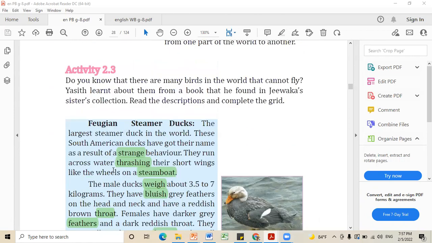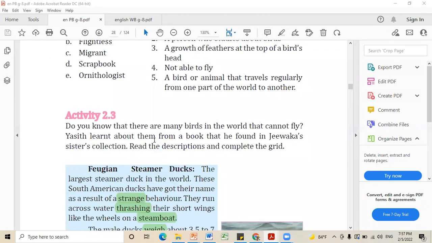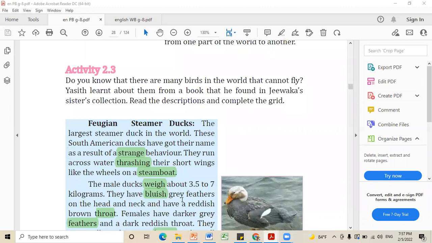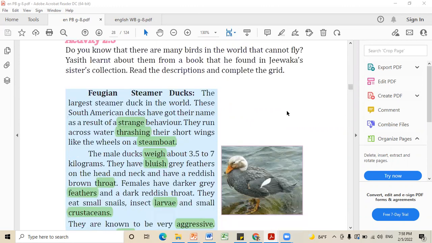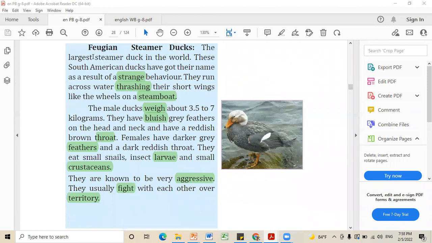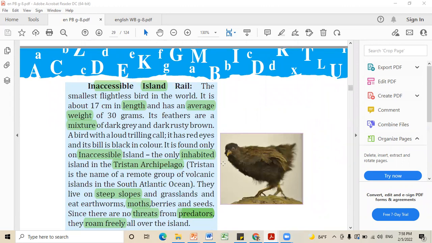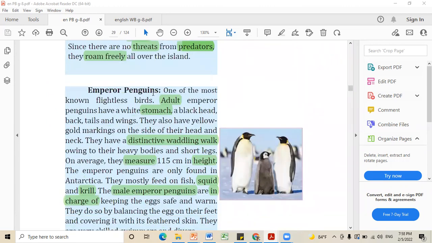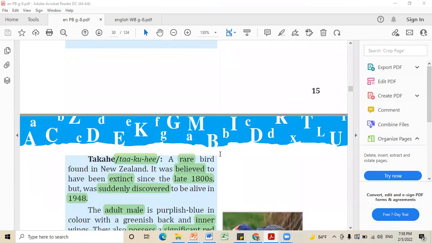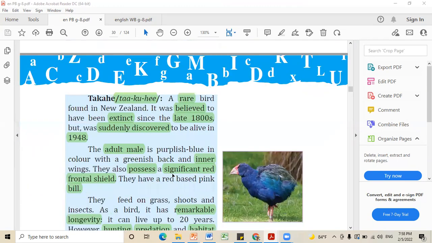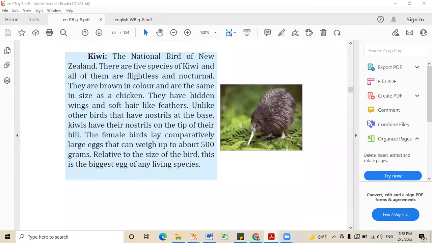We are supposed to read about different types of birds that cannot fly, flightless birds. We have been reading about the first 4: Fujian steamer ducks, the inaccessible island rail, emperor penguins, and takuhi. Today we are supposed to read the last 2.